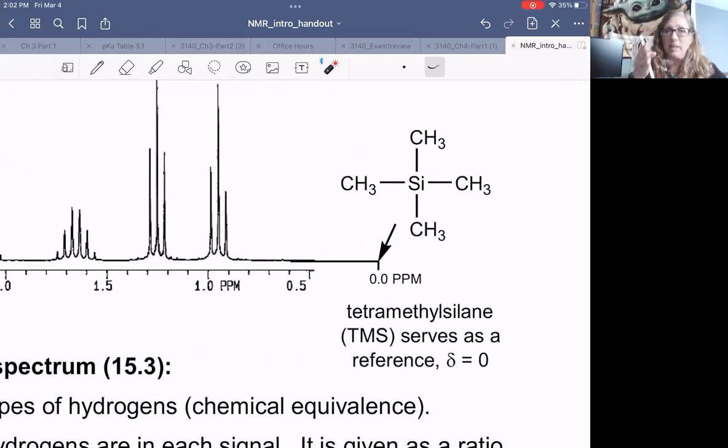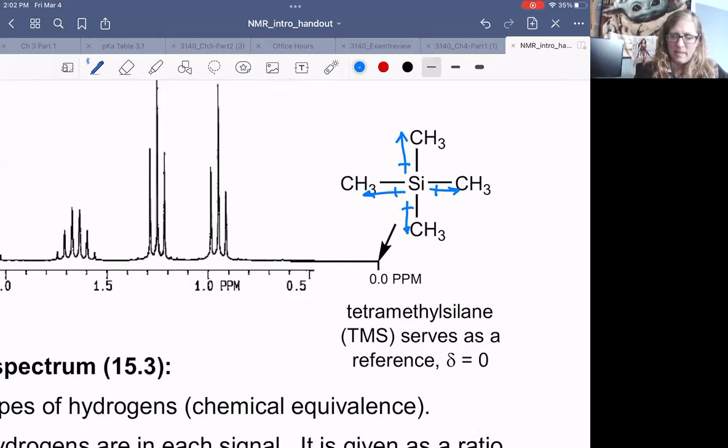Silicon on the periodic table is right underneath carbon, which makes it one of the very few elements that's actually less electronegative than carbon. Less electronegative, meaning that carbon will pull electron density away from silicon. Or you could think of the silicon donating electrons, so these sigma bonds are very polar in the direction of the carbon, which is really unique and very different from most organic molecules.